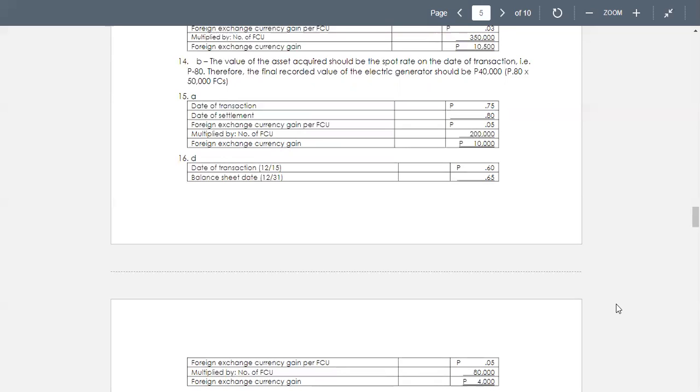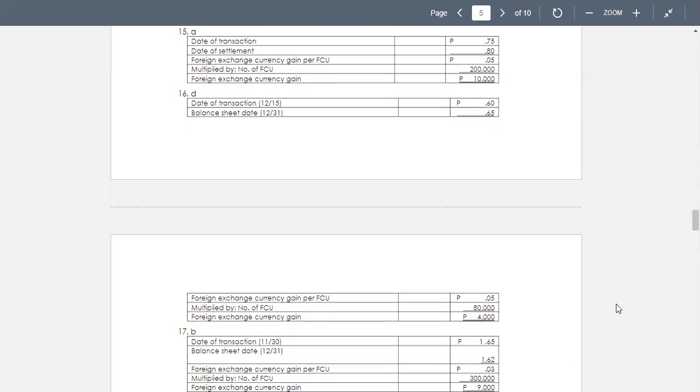For number 16, we have the date of transaction, December 5, when we have the rate of 0.6. Then at the balance sheet date, the rate is 0.65. And the date of settlement is January 15.